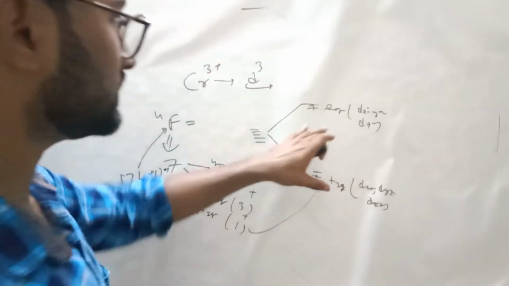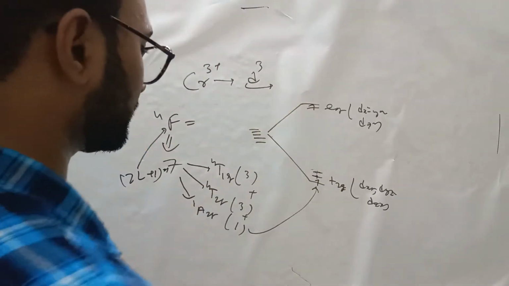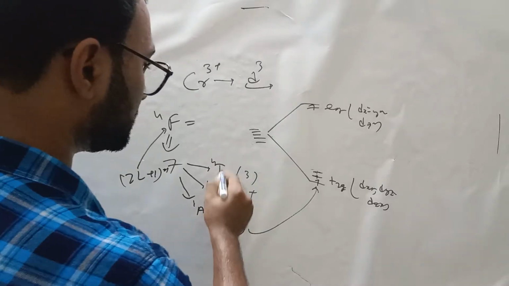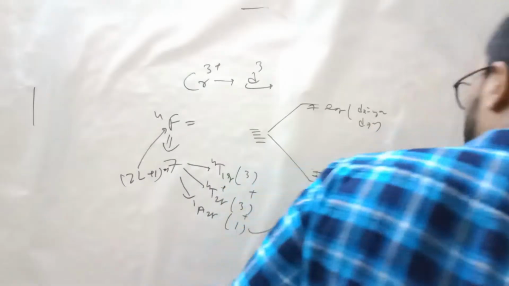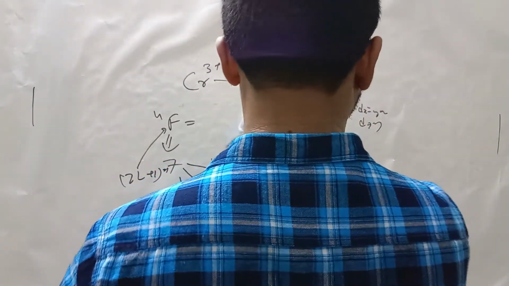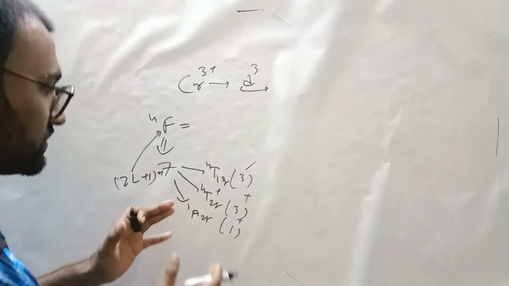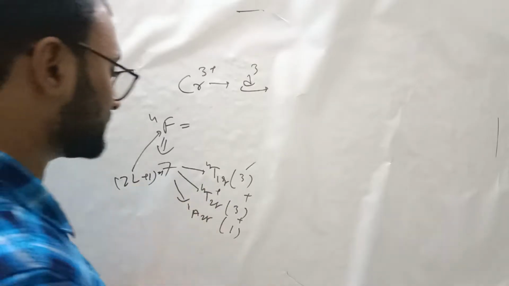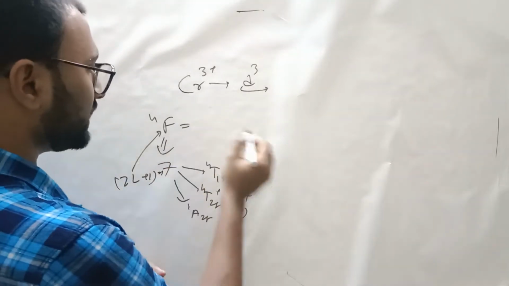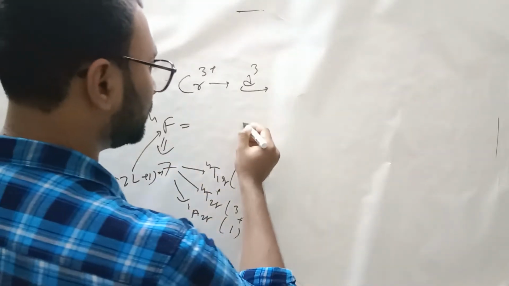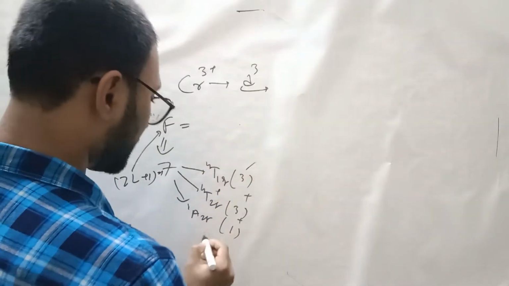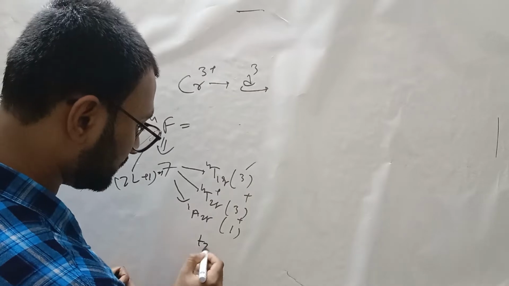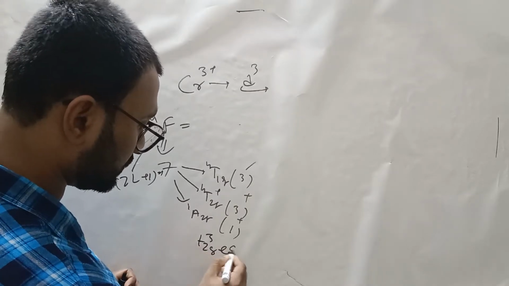This has 2 possibilities that will give rise to these 2 triply degenerate terms. So what are the possibilities for these 3 terms? What will be the configuration? That is the important thing. The F term arises, as I told you, from the high spin configuration. So basically the ground term is t2g3 eg0.